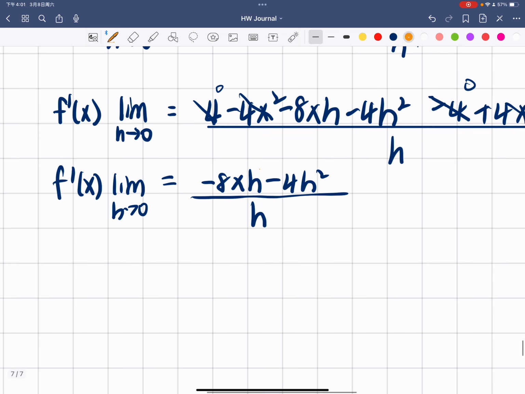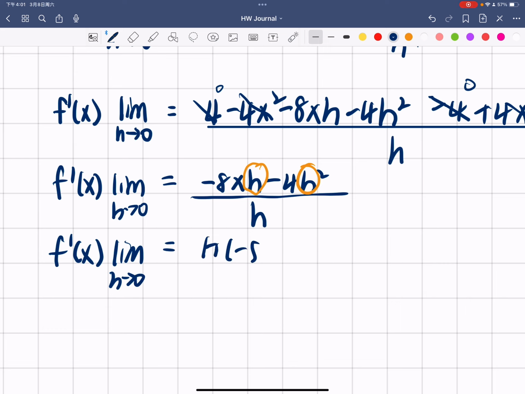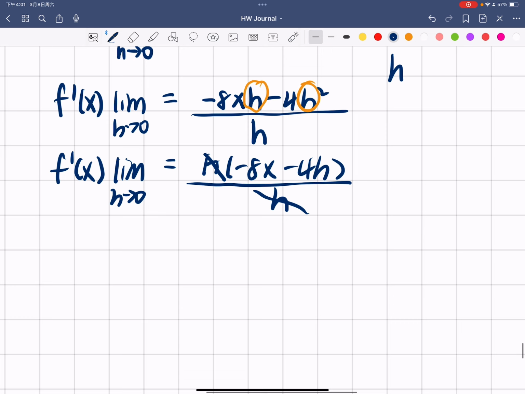Next, the same thing. Since we have h in both terms, we can factor it out as h times (negative 8x minus 4h) over h.